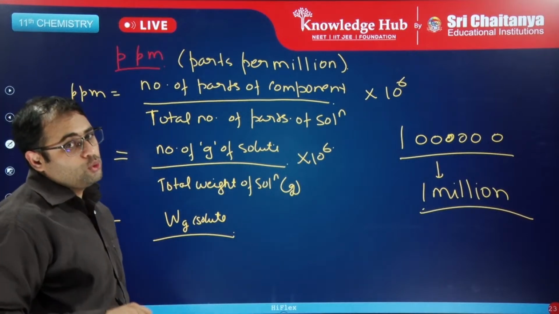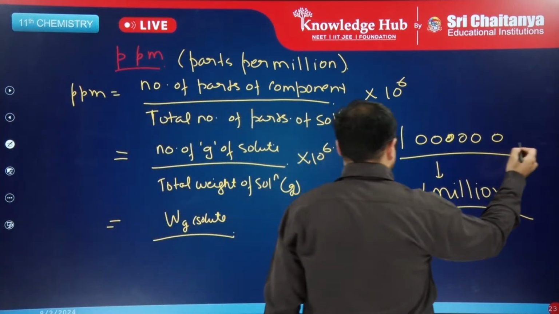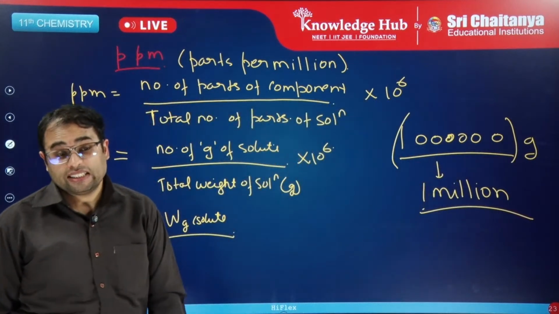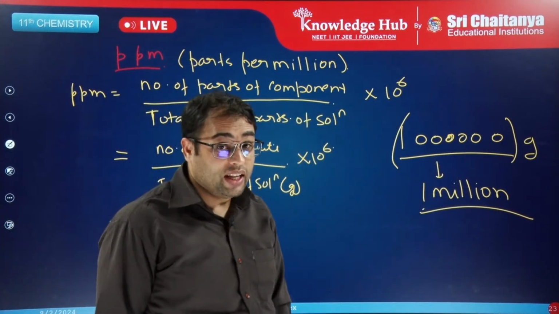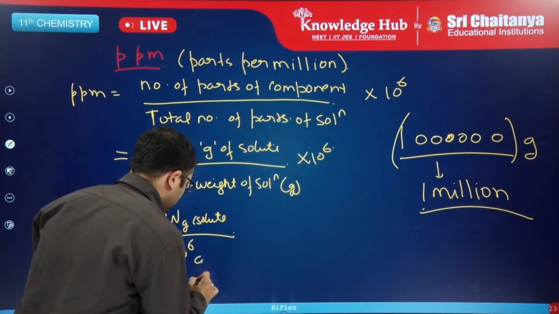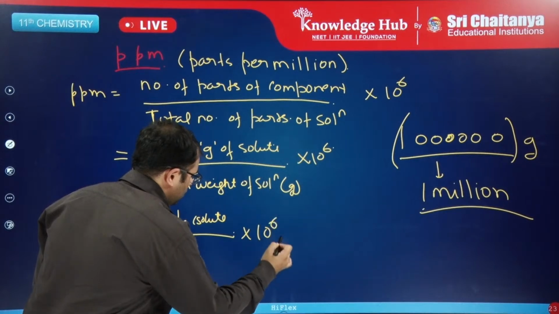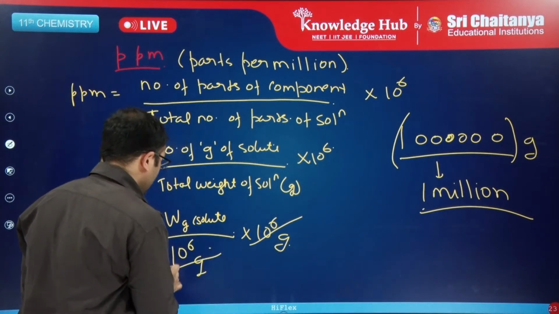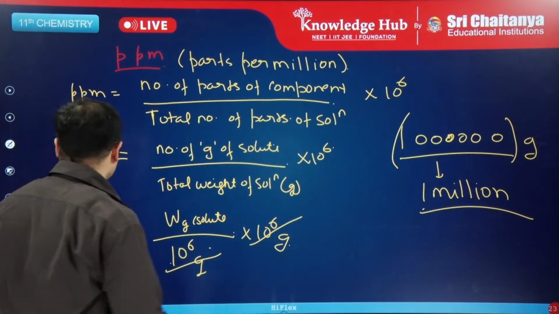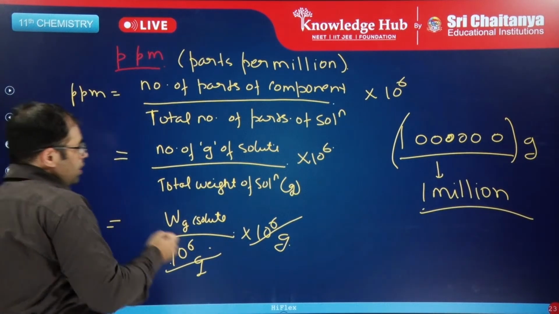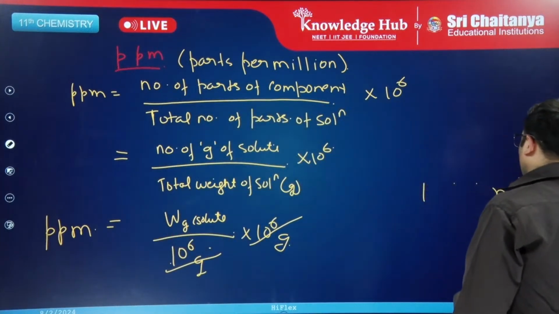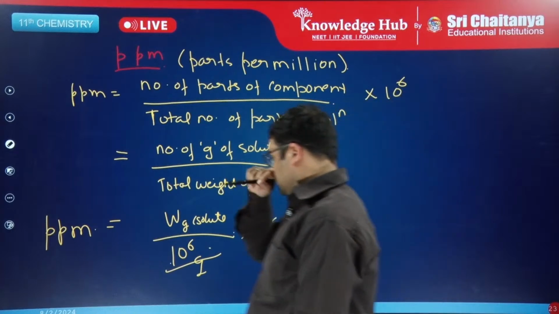Suppose total weight of the solution now is 1 million grams, so 10 raised to power 6 grams. This gets cancelled out. So what is the definition of parts per million now?